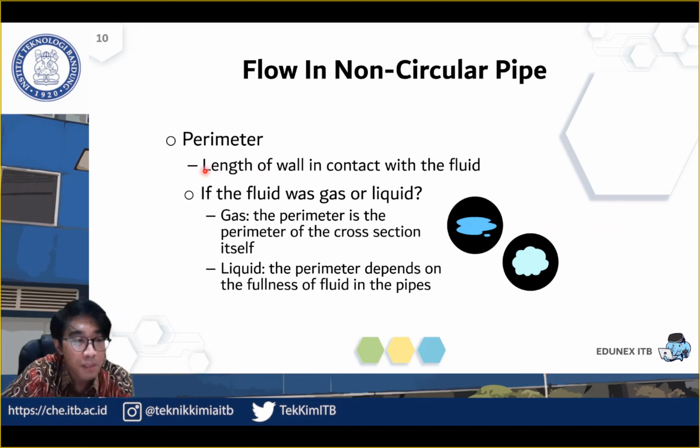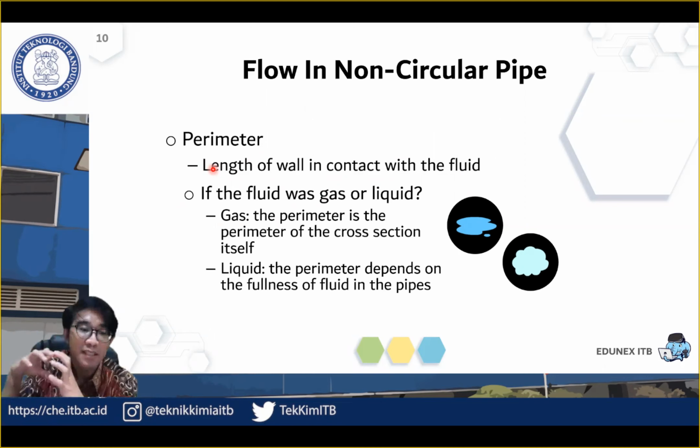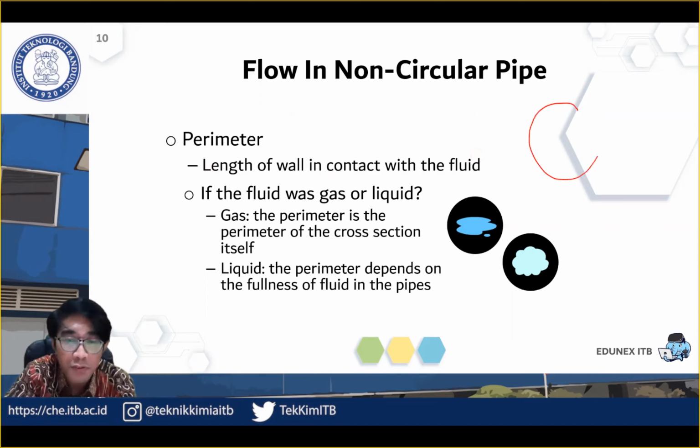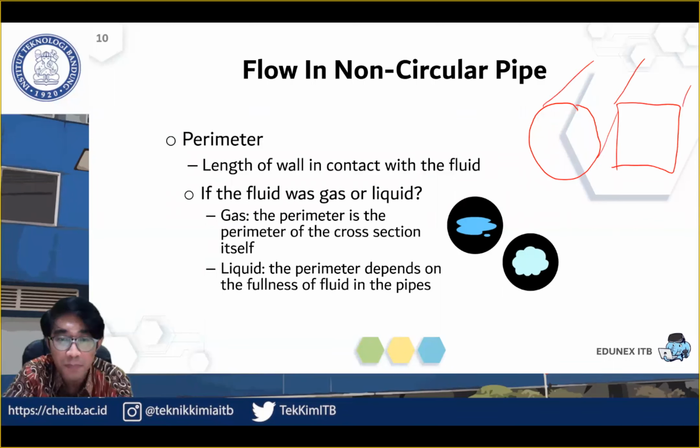Perimeter is the length of the wall that is in contact with the fluid. Jadi bukan panjang pipanya, ya, tapi panjang dari dinding pipa yang kontak dengan fluida. It means if you have a circle pipe, if you have a rectangular pipe, and for the gas, or if the liquid is fully filling the pipe, the perimeter will be this length.